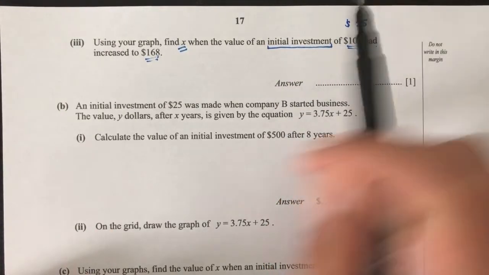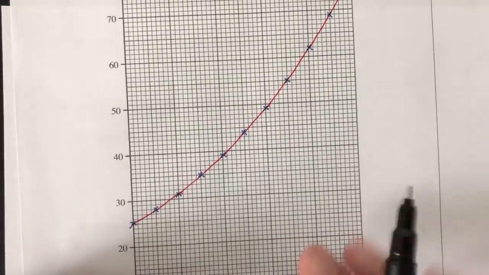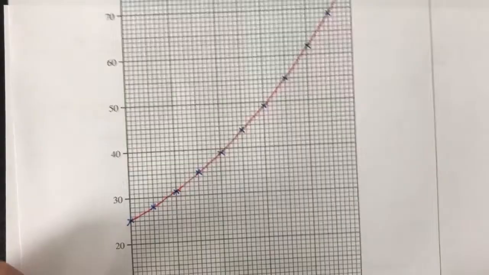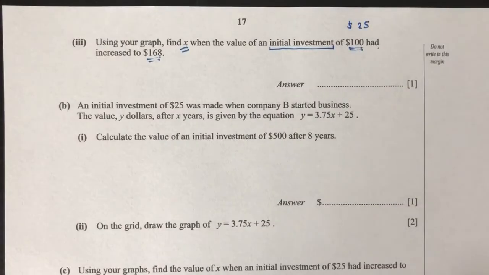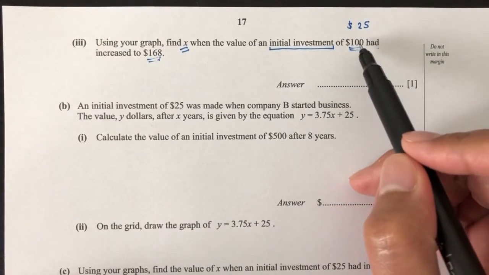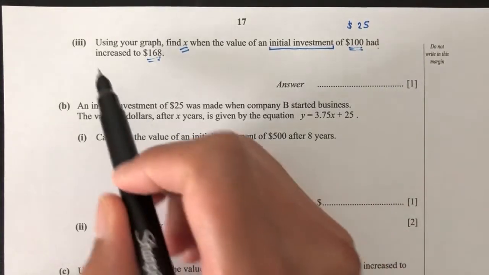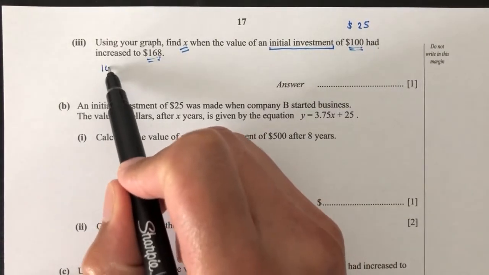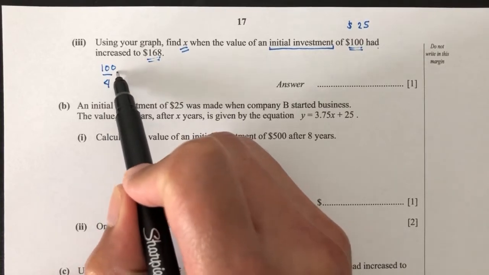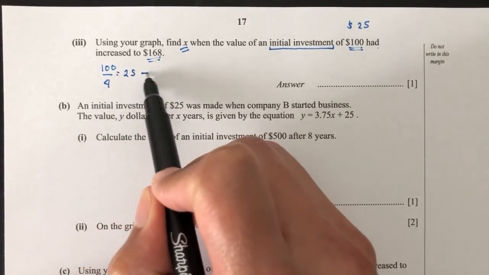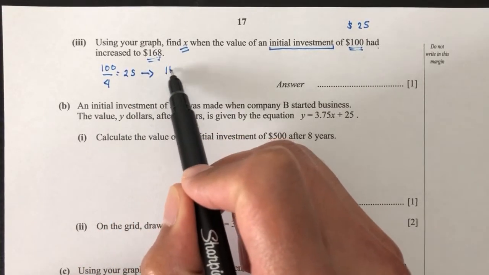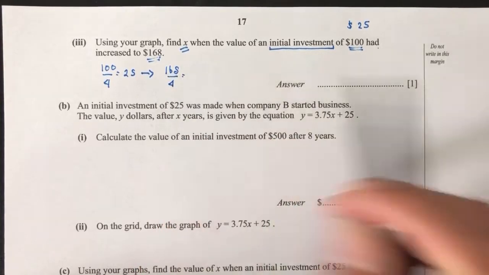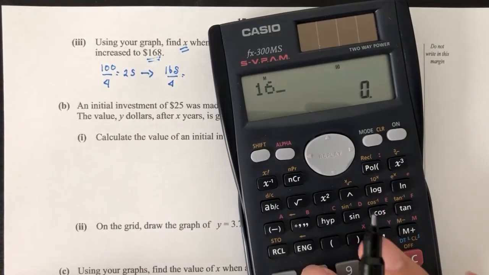As you can see here, our initial investment is 25, not 100. So what we can do is convert this to 25. So how do you convert 100 to 25? You have to divide by 4, right? So you get 25. So same thing here, divide by 4. That will be what? Let's find out.